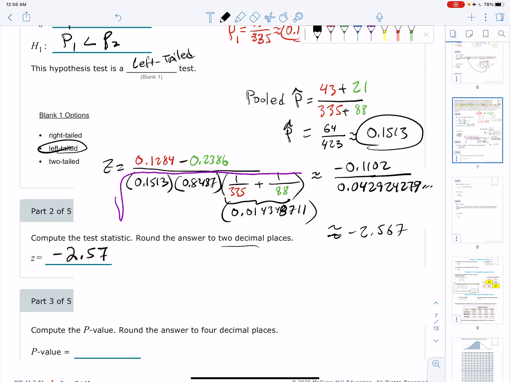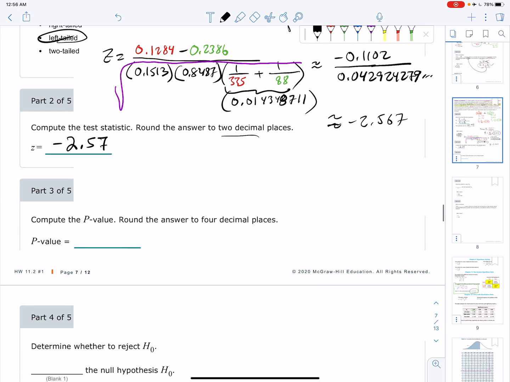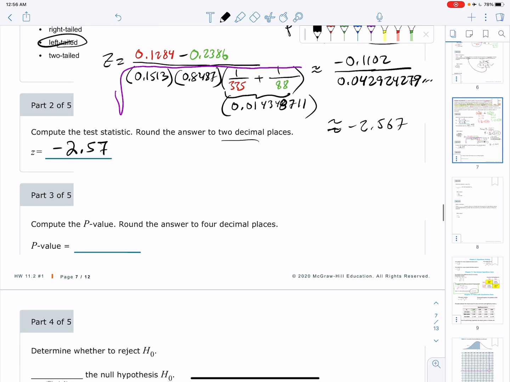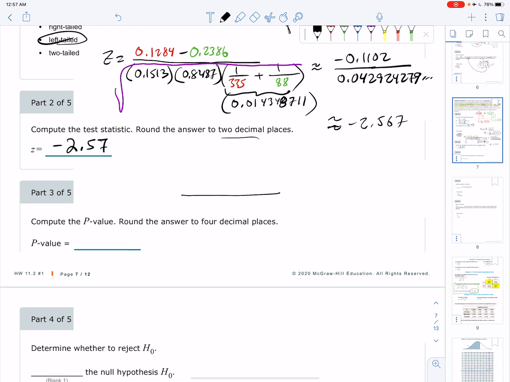This method is the p-value method. So I think I want to draw a little picture. We just found the test statistic, right?